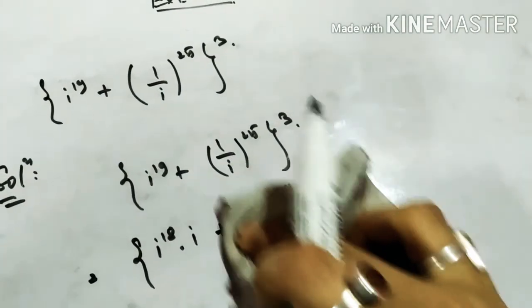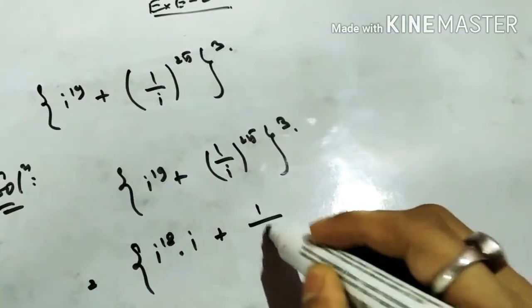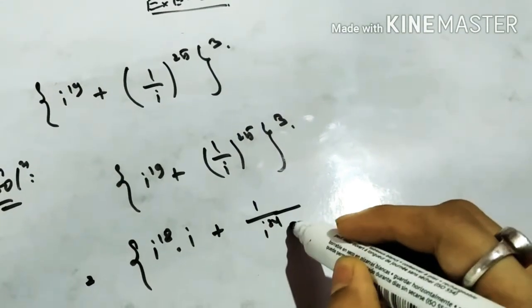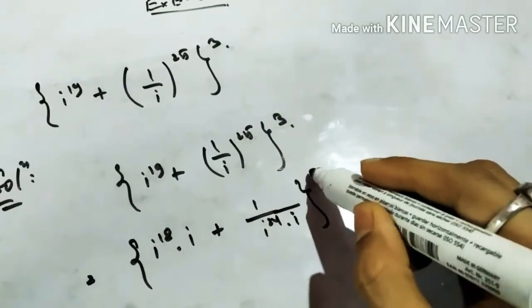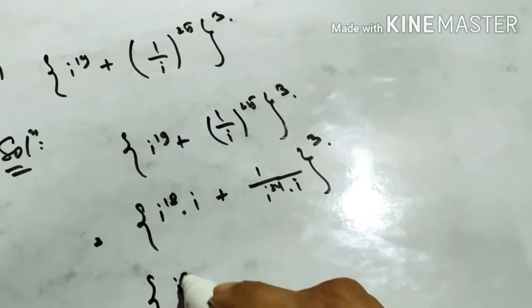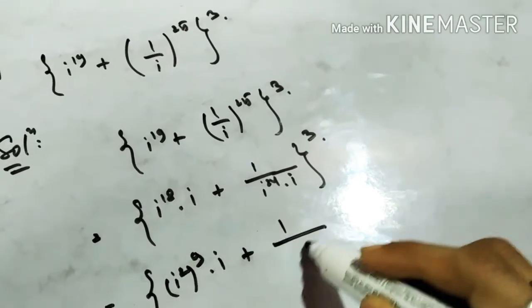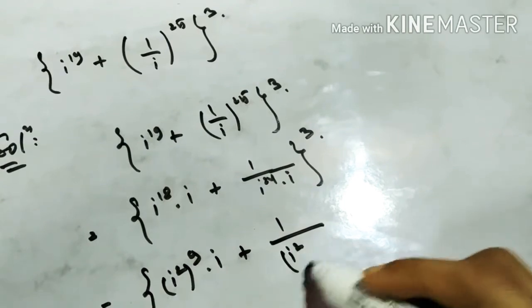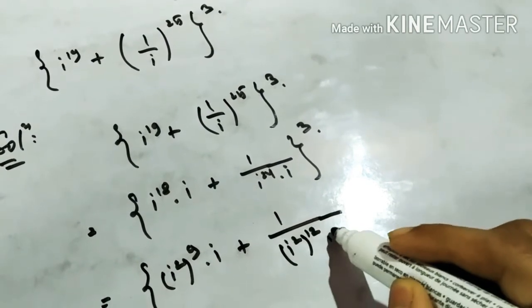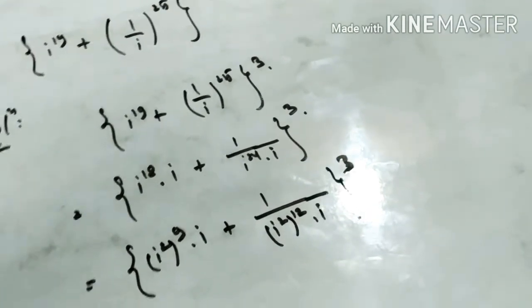Or let's write this in this way: 1 by i to the power 24 into i to the whole power 3. So now this I can write as i to the power 2 to the whole power 9 into i plus 1 by i to the power 2 to the whole power 12 into i to the whole power 3.